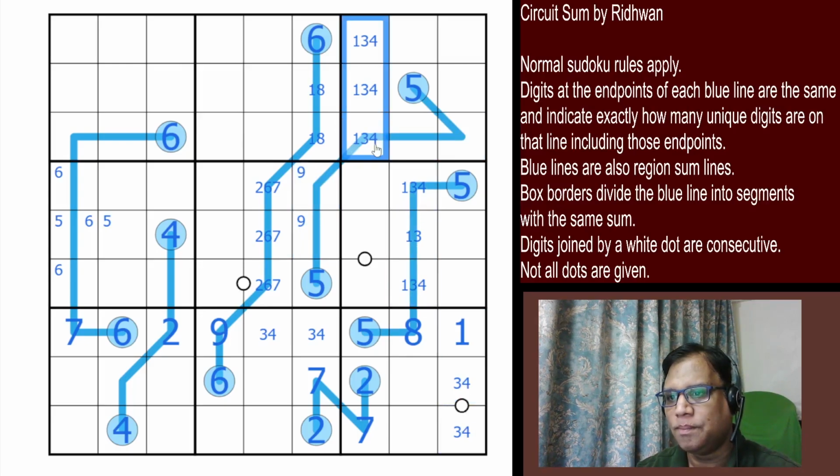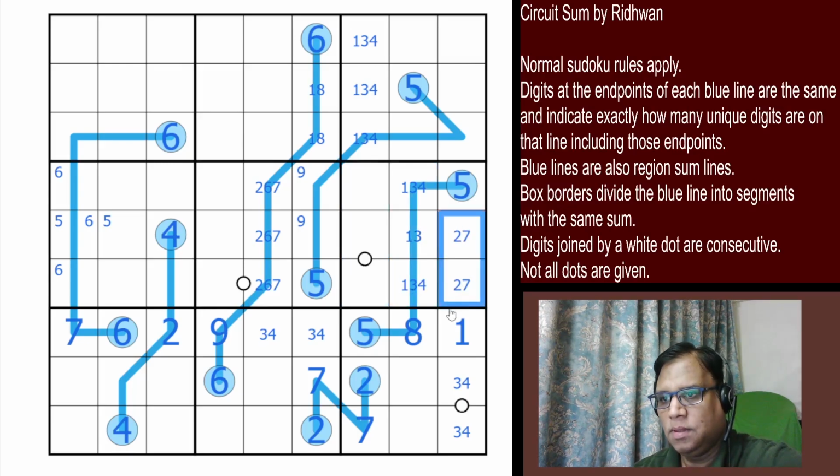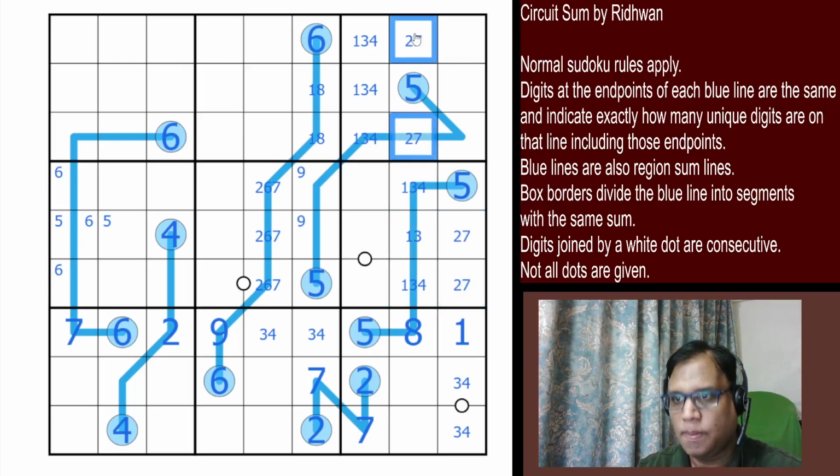Roping means that if any one column is repeating here, the others also simply repeat like that. Because now think about here, 5 2 7. Now 5 2 7, where are they in this box? They cannot be here. They cannot be here. They must be here. So this is 2 7. Clearly these two are 2 7.